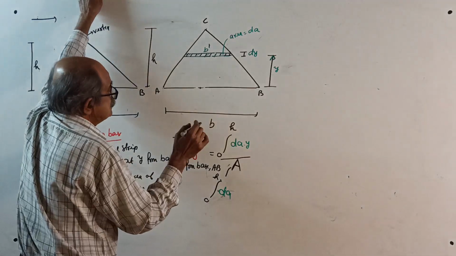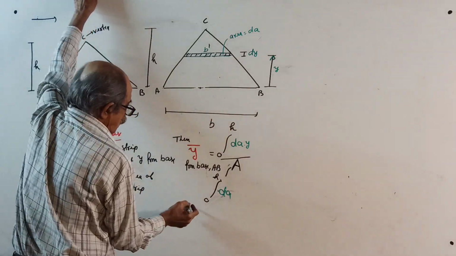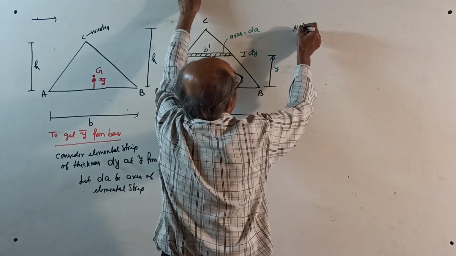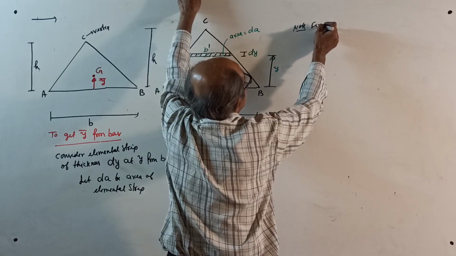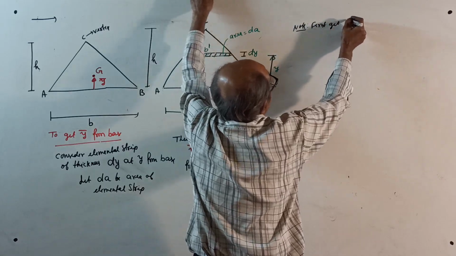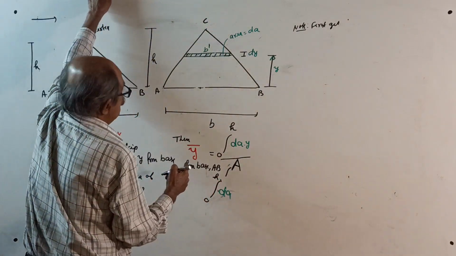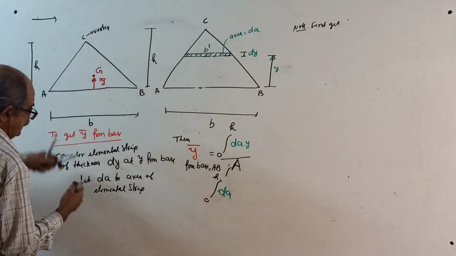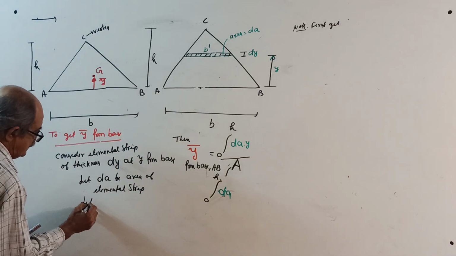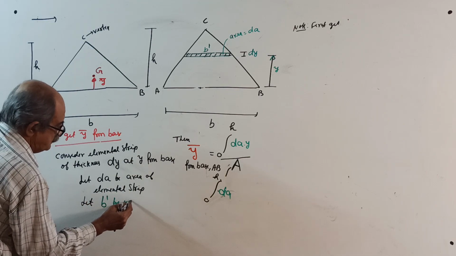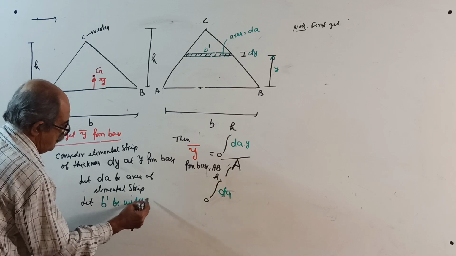Now, first, I write a note here. First get b dash. Let b dash be the width of the elemental strip.